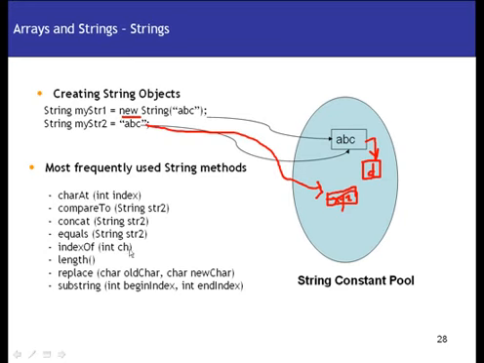You can have other overloaded methods of indexOf as well. length gives you the length. replace replaces, and substring gives you the substring of whatever you provide there, the beginning and the end index.